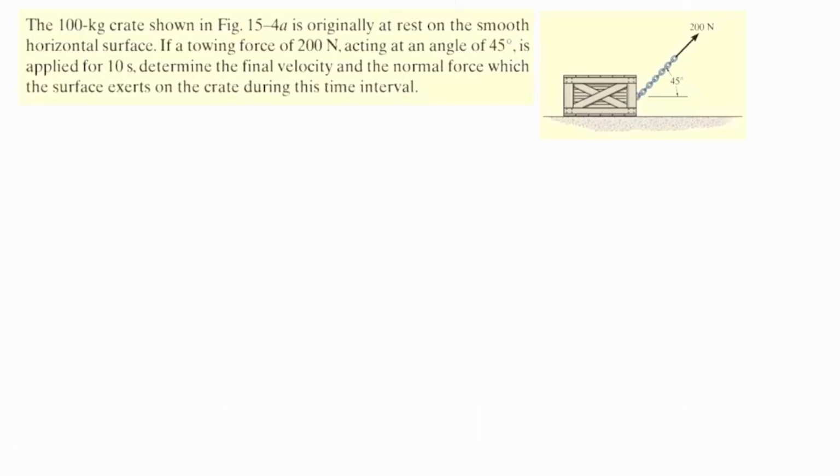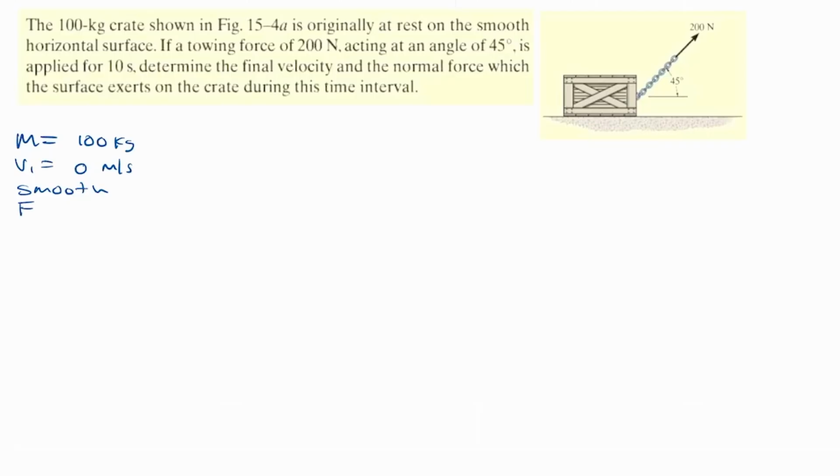So we're going to be using the principle of linear momentum and impulse. So once again, let's write down the givens. The mass here is 100 kilograms. We have the initial velocity of 0 meters per second. It starts from rest. We know this is a smooth surface, so there's not going to be friction.